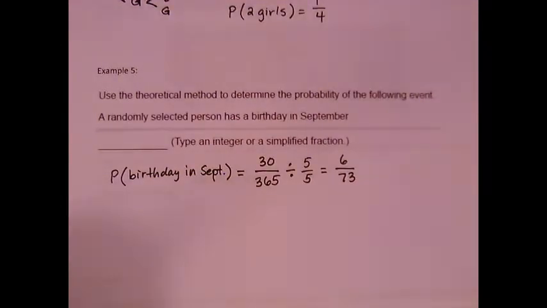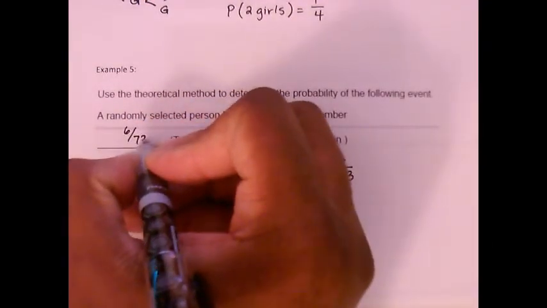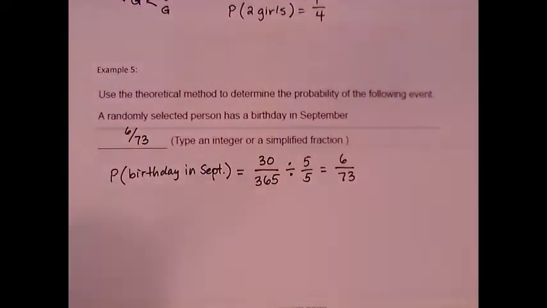So in simplest form, the probability of a randomly selected person having a birthday in September will be 6 out of 73. Okay.